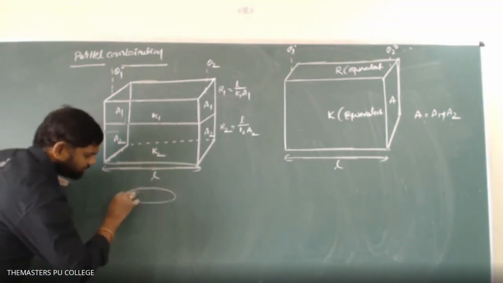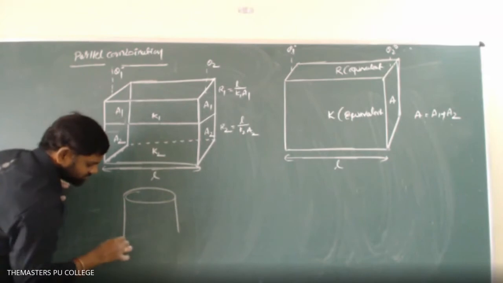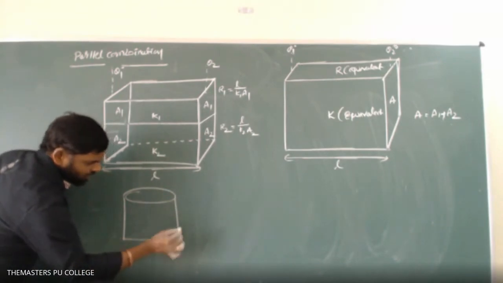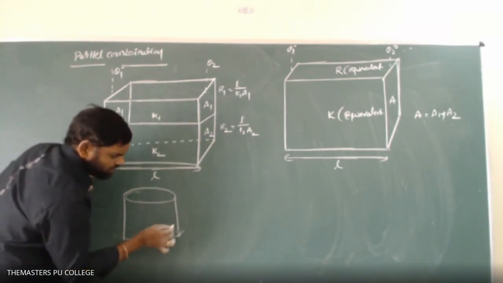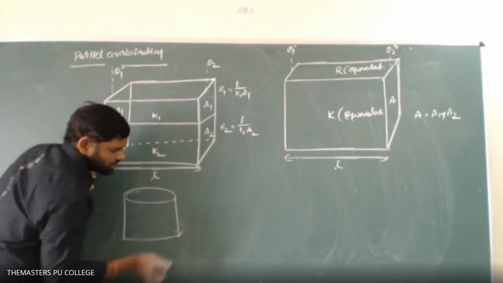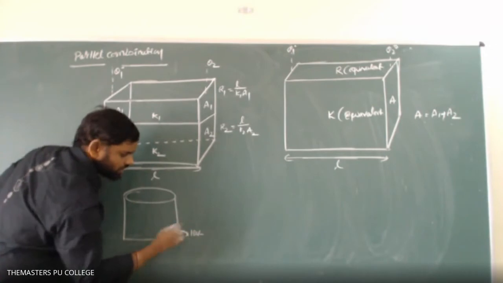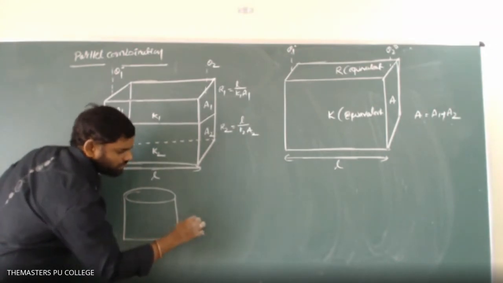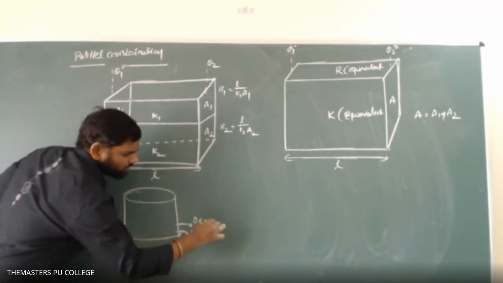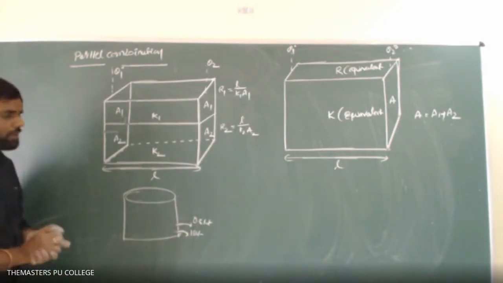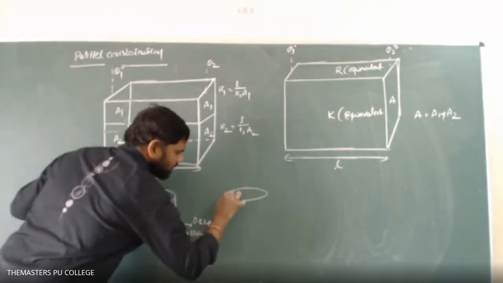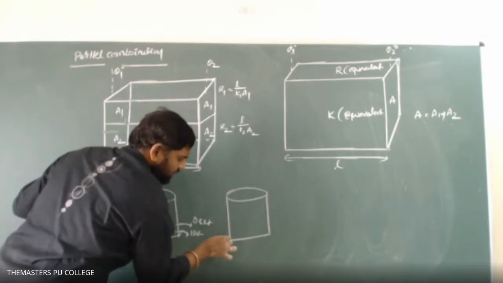This is a beaker. One hole is drilled here, and one more hole is drilled here. From one hole, 1 liter of water per second is coming out, and from the other, 0.5 liter of water is coming out.